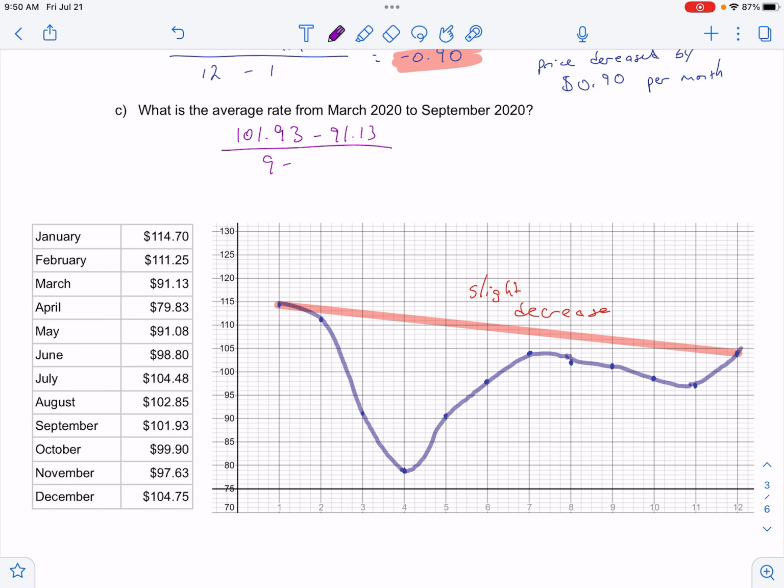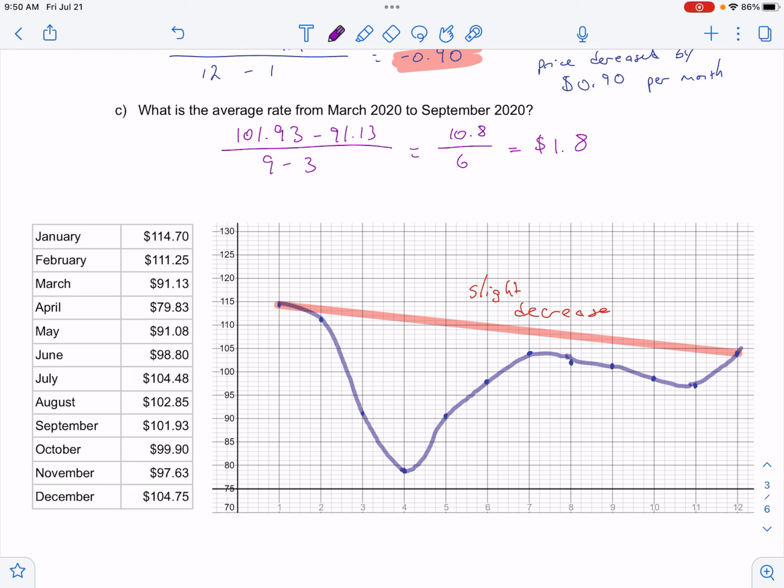March is the 3rd month. So we're going to have 101.93 take away 91.13, 10.8 divided by 6. Which is actually an increase of about 1.8 per month.